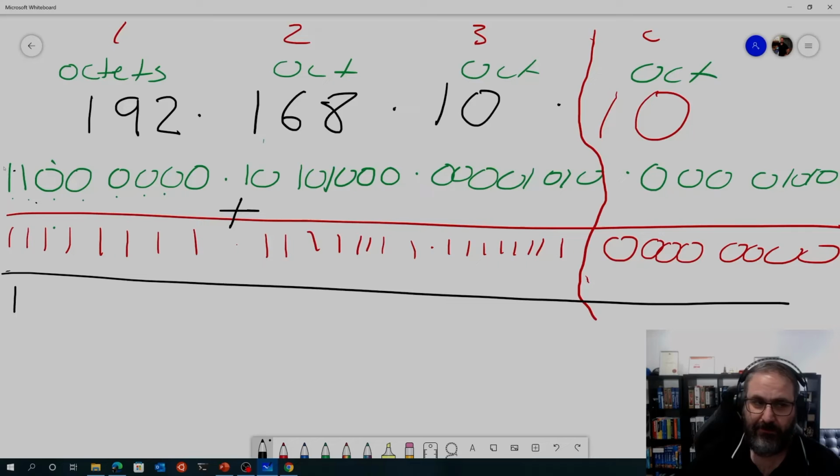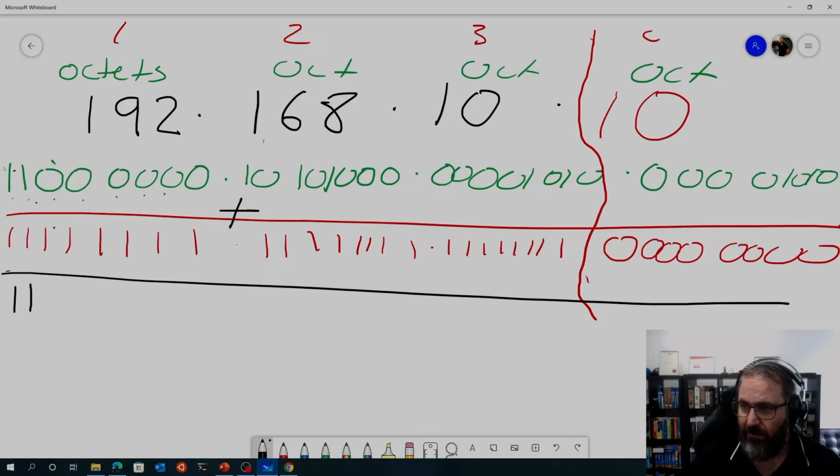I get a 1, not 2, because we're looking at bits here. We're not looking at the 0 to 9 numbers, which is called base 10. We're working with zeros or ones. So 1 plus 1 equals 1.